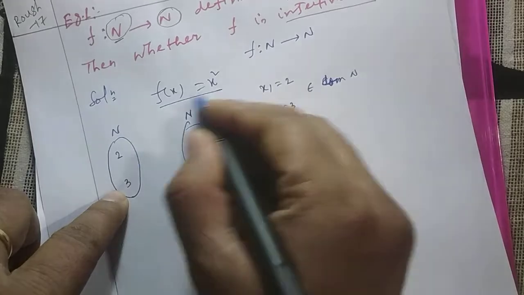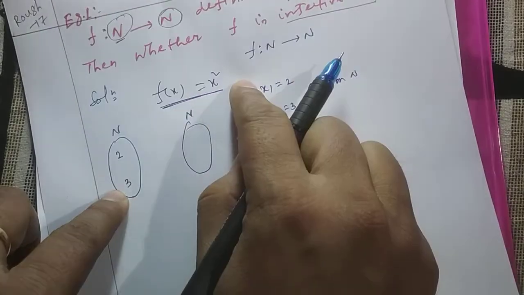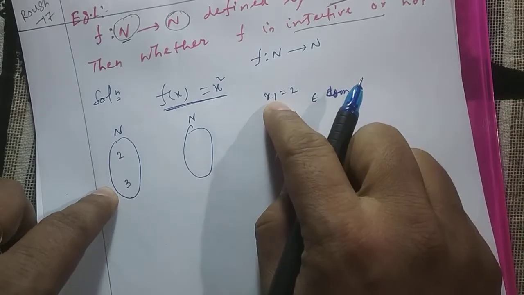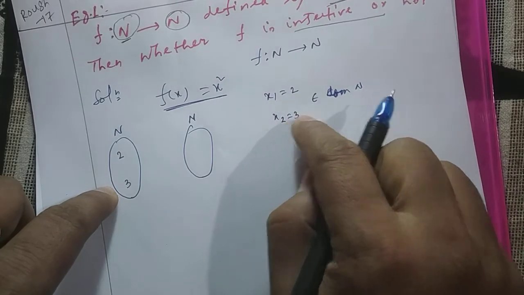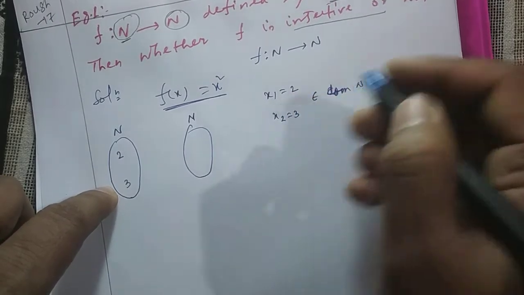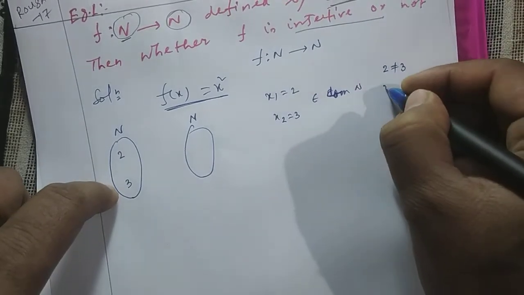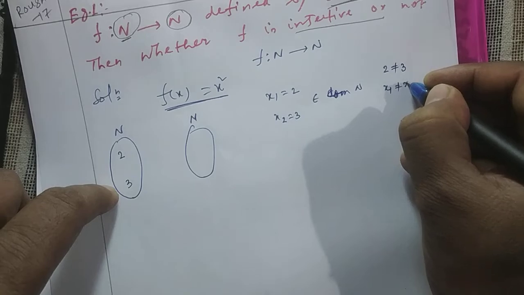Now what is told here? f(x) is equal to x square. Now look at here first. I have taken x1 equal to 2, x2 equal to 3. Since 2 and 3 are not equal, obviously you can say x1 not equal to x2.